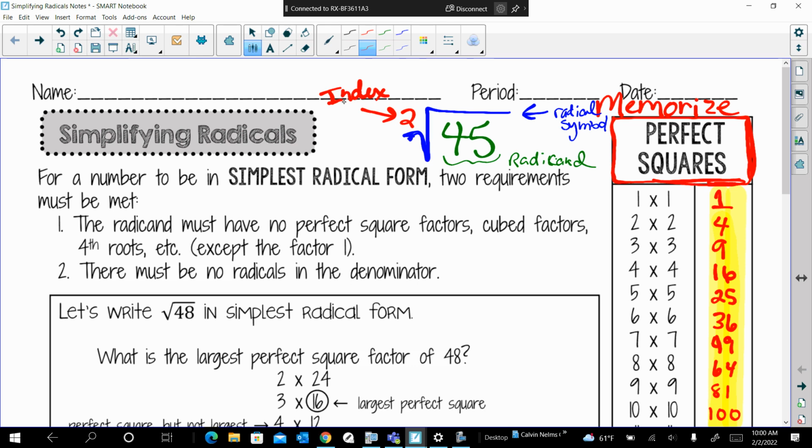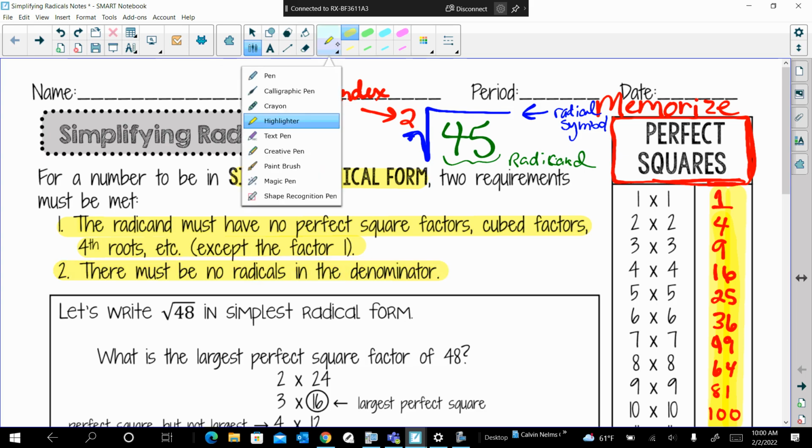Okay, so in order to simplify radicals, because we're going to put in simplified radical form, for it to be in a simplified radical form, there's 2 things that must be met. First, the radicand must have no perfect square factors, cube factors, or fourth root factors, etc. And there must be no radicals in the denominator.